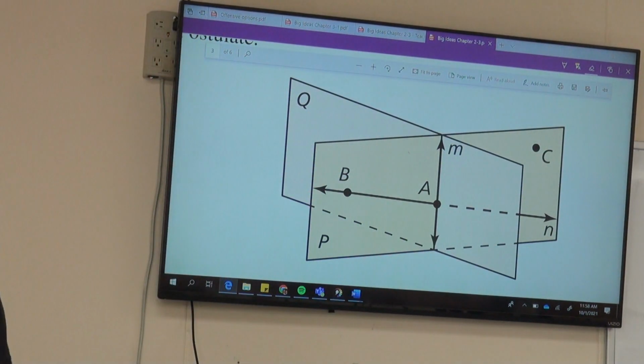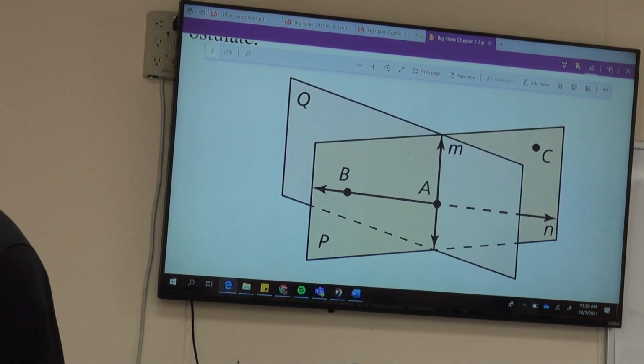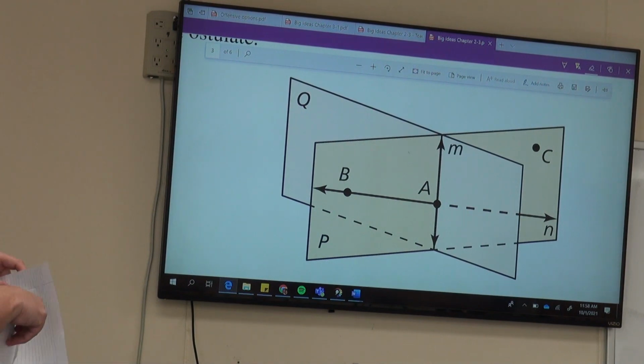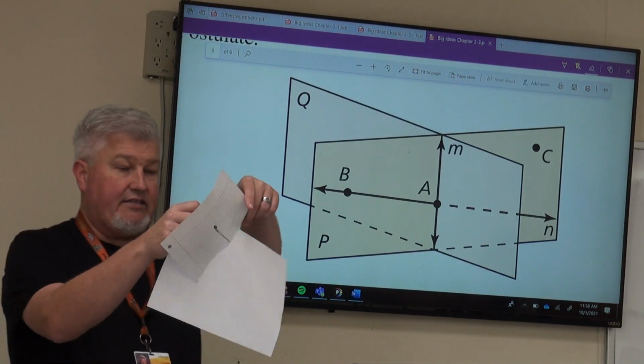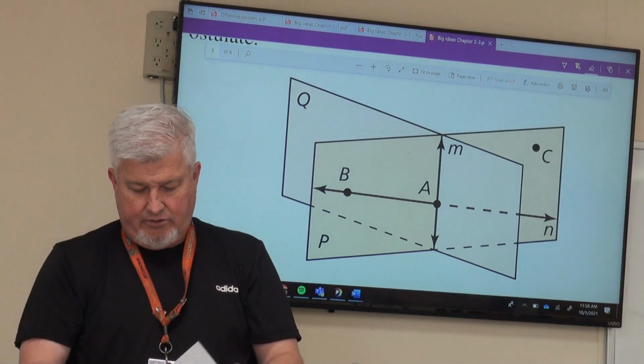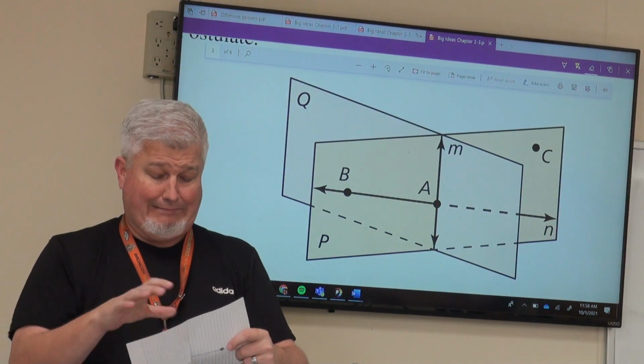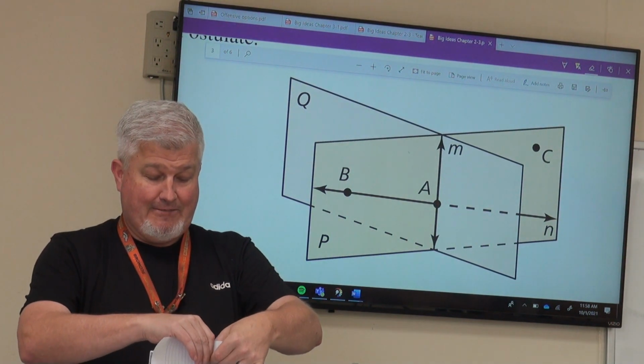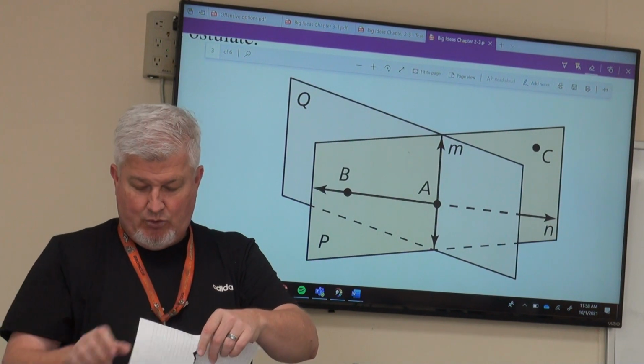Let's do this. They are intersecting like such. I think they understand. I like to be visual.